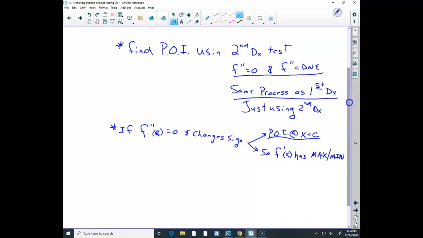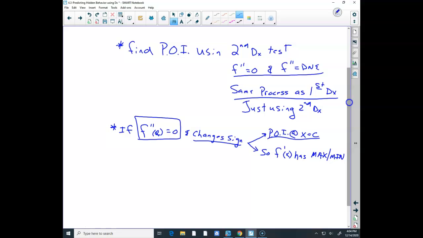Remember, we looked back when we were analyzing just the graphs. For the second derivative, a point of inflection is when it changes sign.